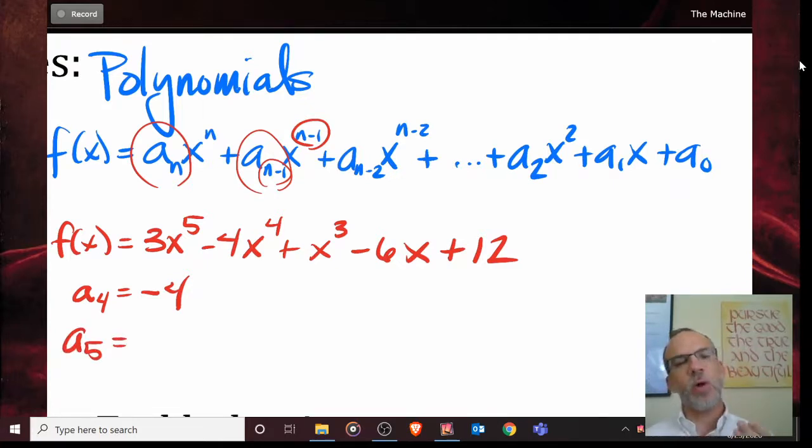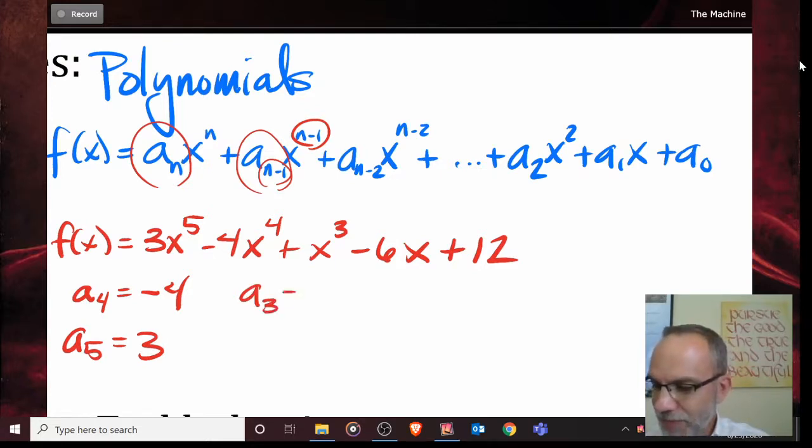It's asking what's the coefficient on x to the 5th. Can you find x to the 5th? Oh, here it is. What's the coefficient? 3. You get it? What is a sub 3? It should be 1.